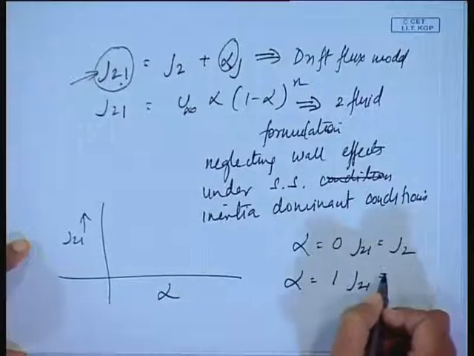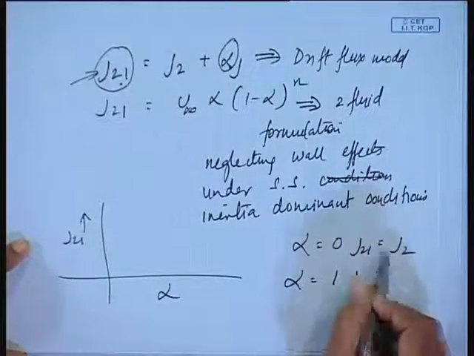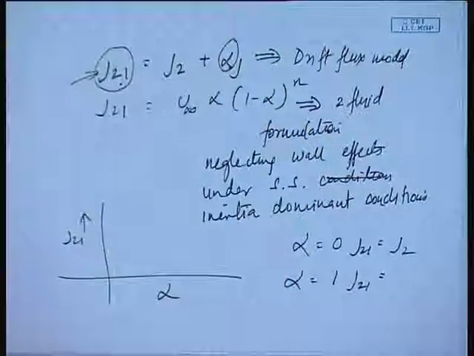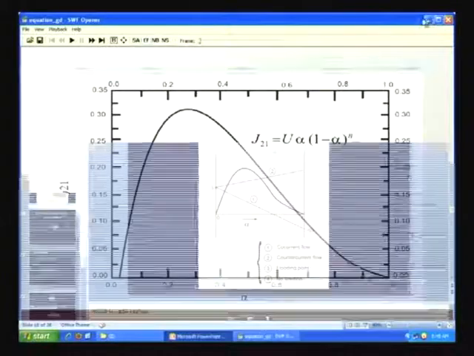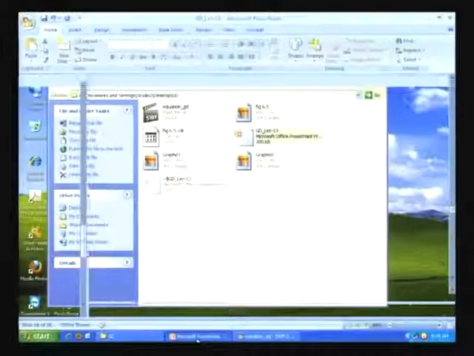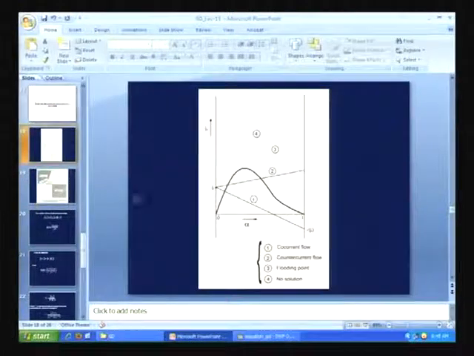If alpha is equal to 1, then this becomes J2 plus, I think this is minus, I have made some mistake. Let me just check with the PowerPoint. Was it plus or was it minus?